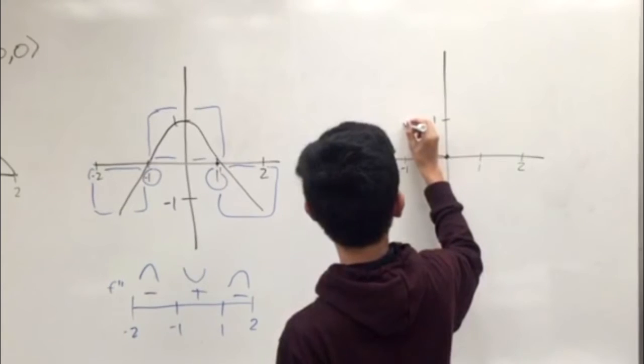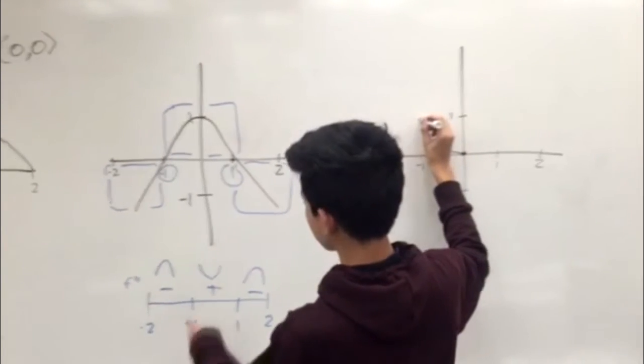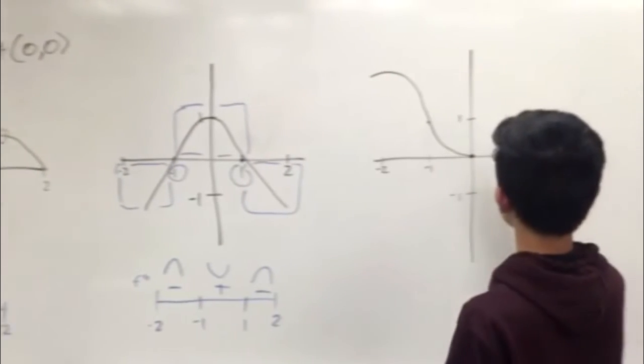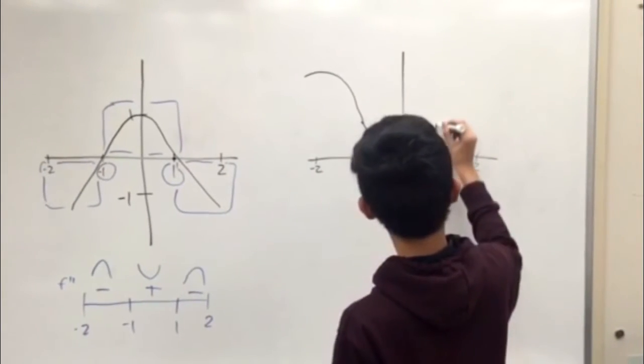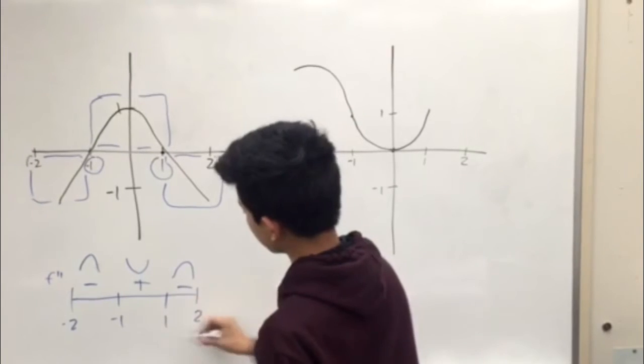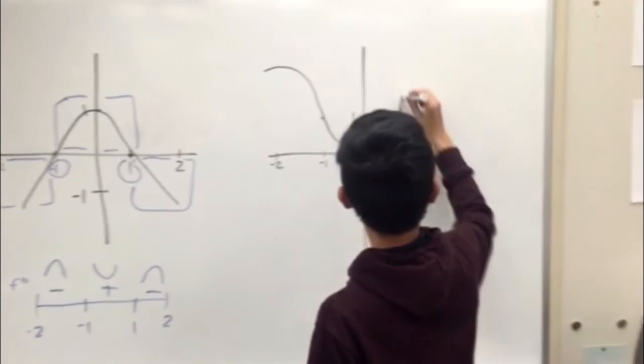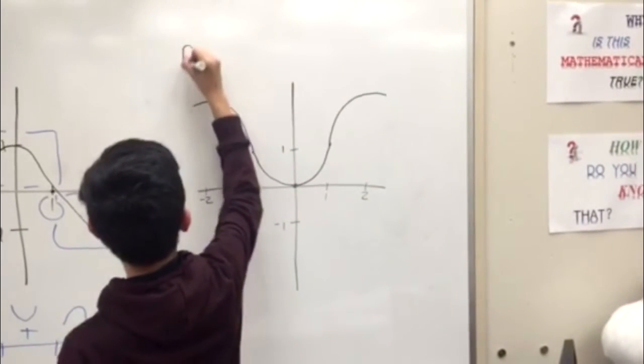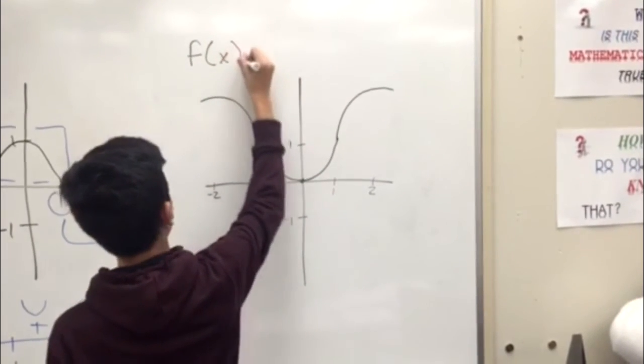Since the concavity changes at -1, there's gonna be an inflection point there. So it's gonna concave downward and then concave upward. And then there's also an inflection point at 1, so yeah. This is the antiderivative graph.